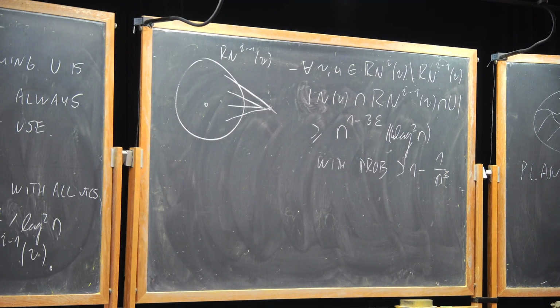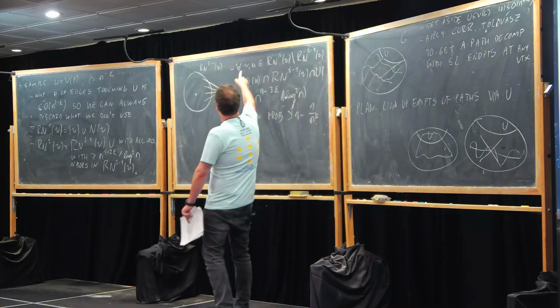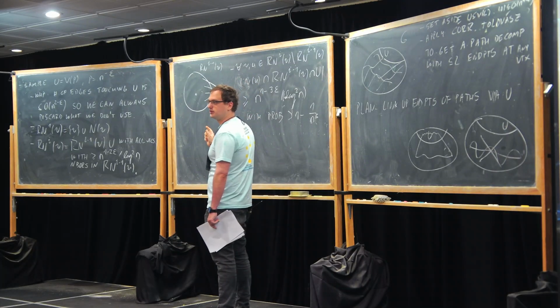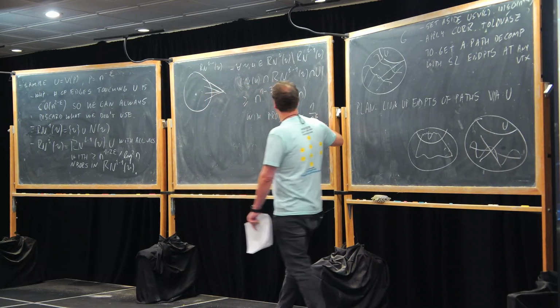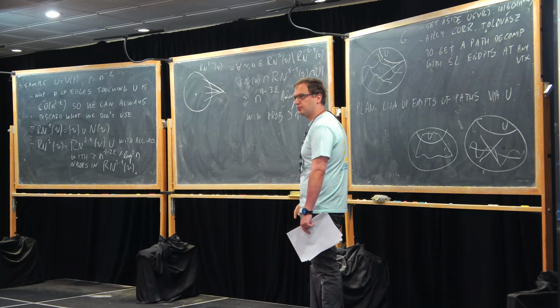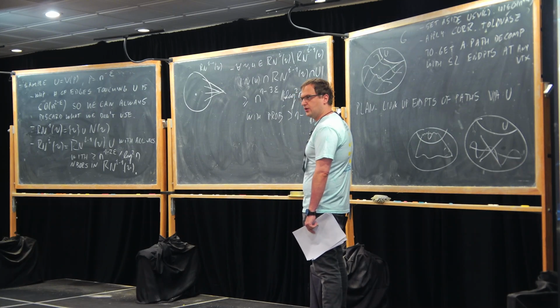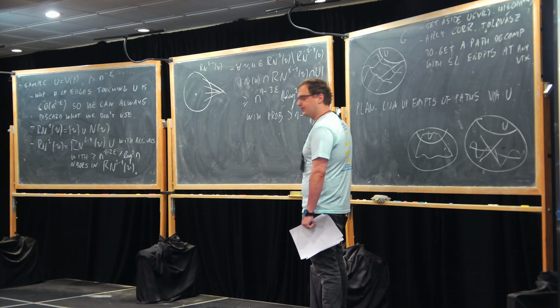So that I can ensure that this happens for every v and u. For a fixed v and u, I want that probability; in total, I want just with high probability.